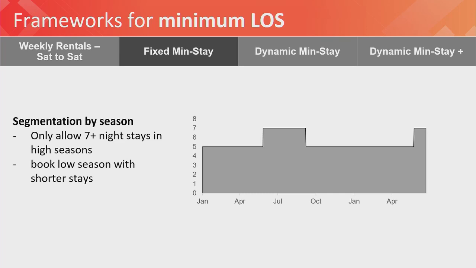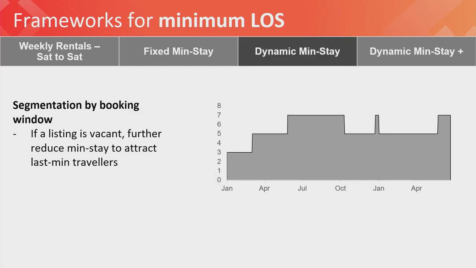And then the next one says, how about we start segmenting by booking window as well? This is where you need to start understanding your own internal data pretty well, and as far as possible, try to get some external data. Say we have segmented by season, so in high season and around Christmas, we'll only take 7-night minimums, and we have said low season is fine to take 5 nights.